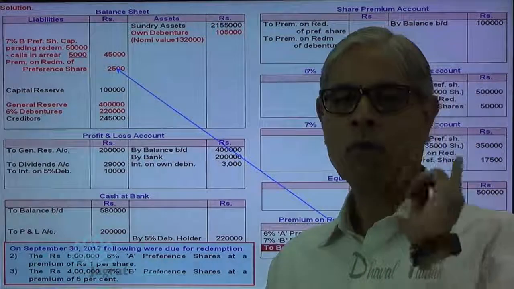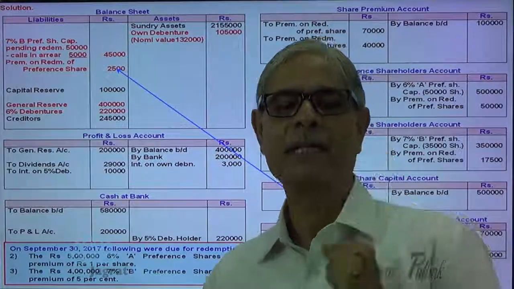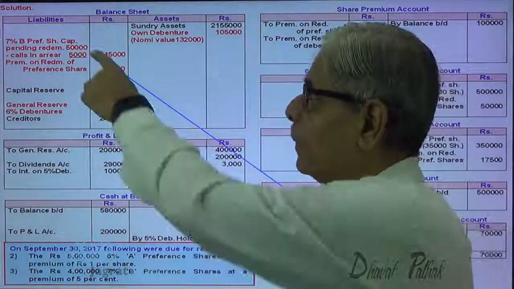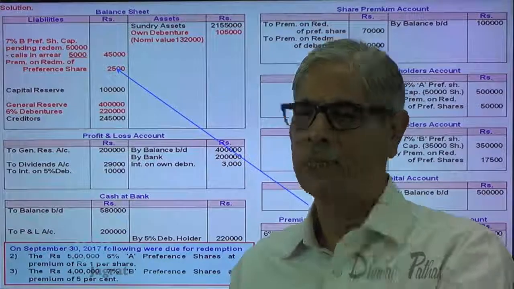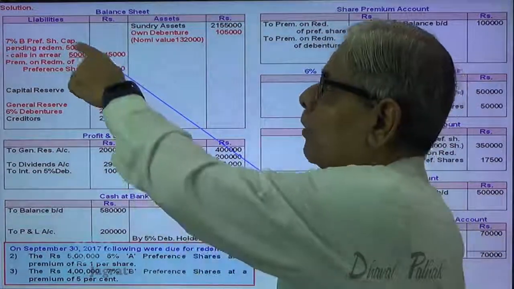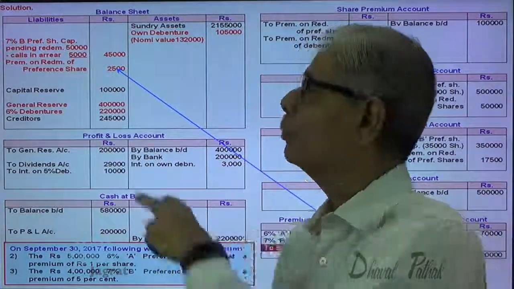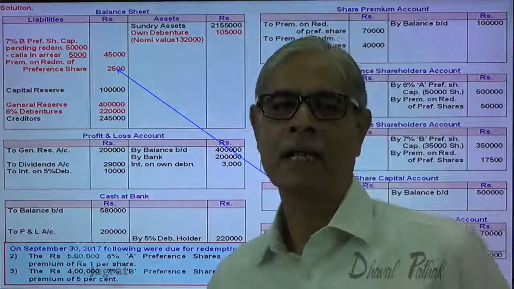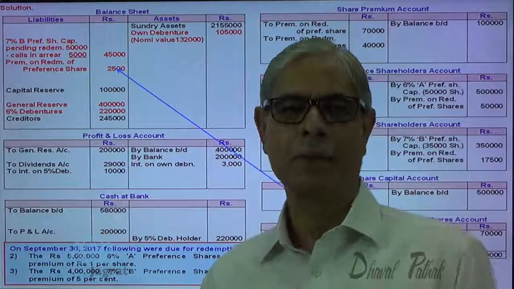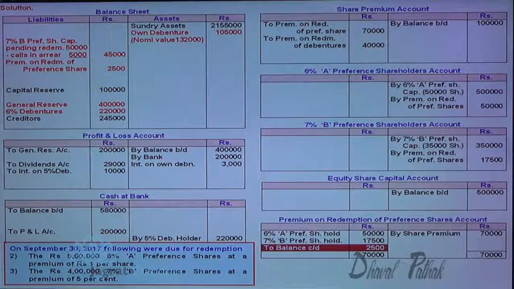What will happen in future? I will receive calls in arrears 5,000. The moment I receive the calls in arrears 5,000, I will pay to this preference shareholder the 50,000 face value and 2,500 redemption premium. So 5,000 and 2,500 is my liability and this is my right to receive. This is being reported in the balance sheet as you find on the screen. That's an important point of this sum. Now this account is closed.